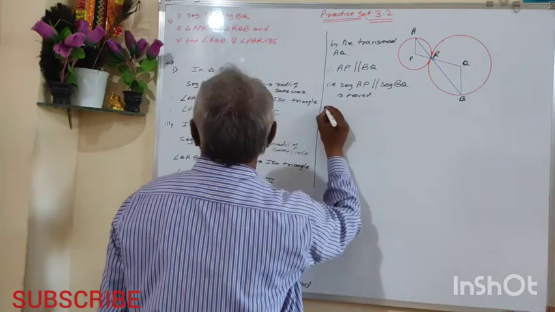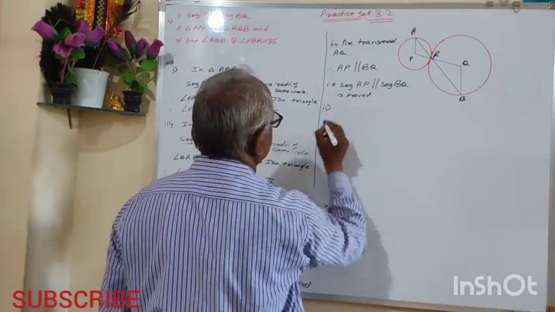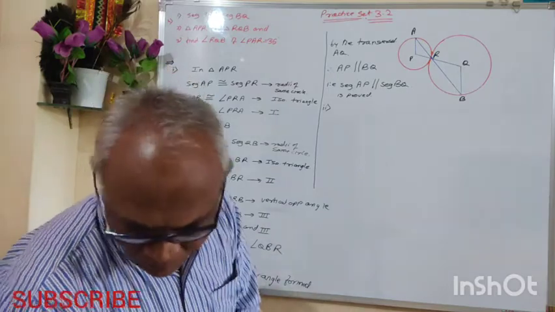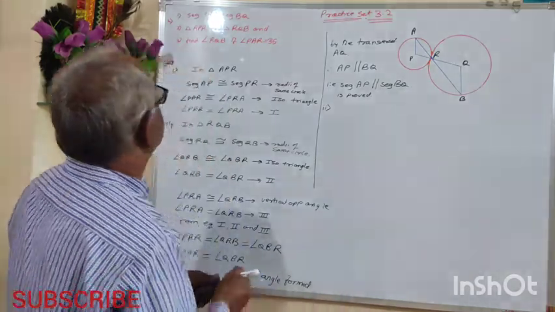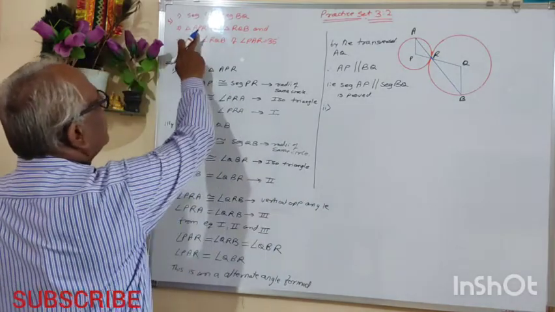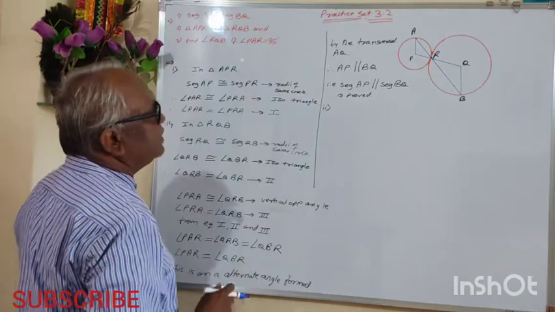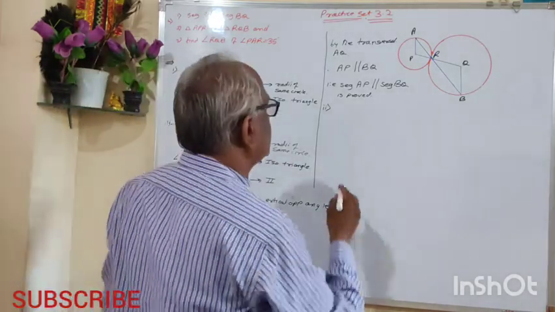Now second part we will see. Second part is triangle APR and triangle RQB. These two triangles we are going to show similar.